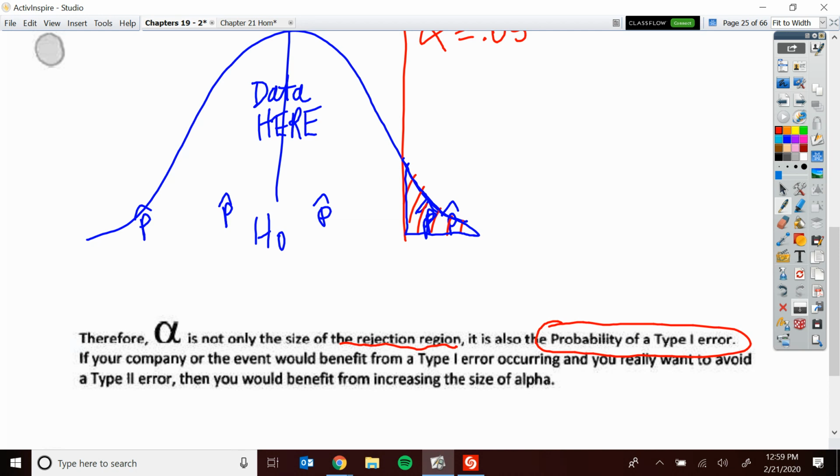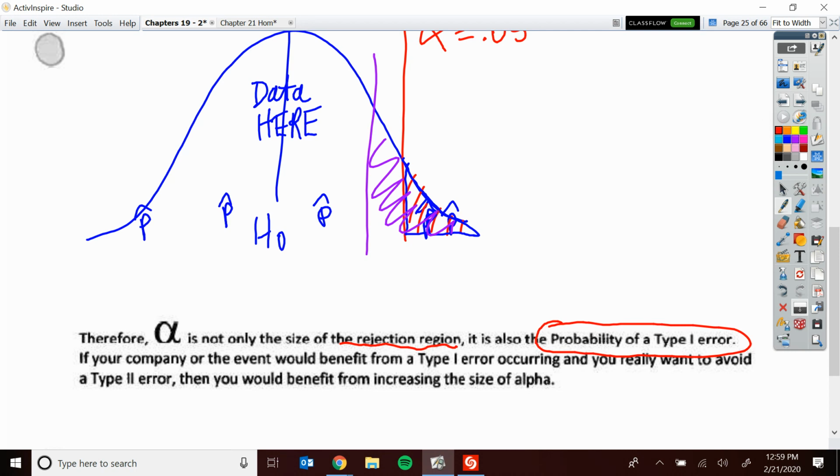So if alpha was 10%, how much data would cause you to reject the null hypothesis? The top 10%. Then you had a bigger chance of a type 1 error.